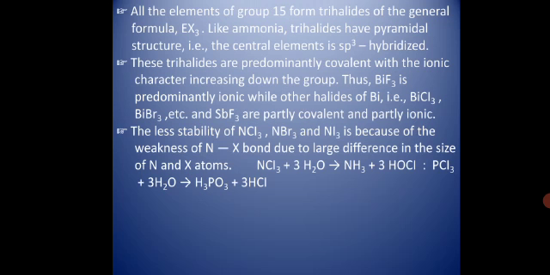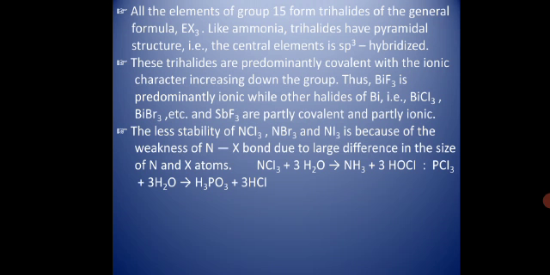The lower stability of NCl3, NBr3 and NI3 is because of the weakness of the N-X bond. How is the N-X bond weaker? When you go down the group, the atomic size of the halogens increases, isn't it?